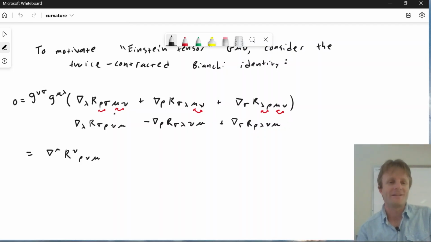I did that because now this thing is exactly the Ricci tensor we defined. It's contracted on the first and the third index, so that's going to become the Ricci tensor. Now what do we have here? I've got R, and I've got sigma lambda. So let's raise the sigma. That becomes nu. Let's raise the lambda as well.